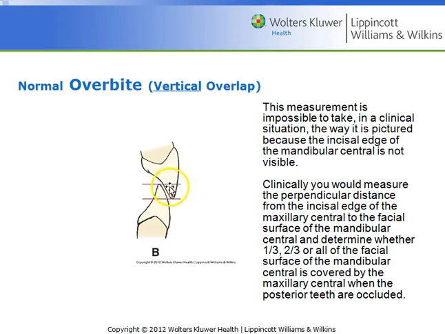Overbite cannot be directly measured from the mandibular cusp, so clinically you would measure the perpendicular distance from the incisal edge of the maxillary central to the facial surface of the mandibular central and determine whether 1/3, 2/3, or all of the facial surface of the mandibular central is covered by the maxillary central when the posterior teeth are occluded.